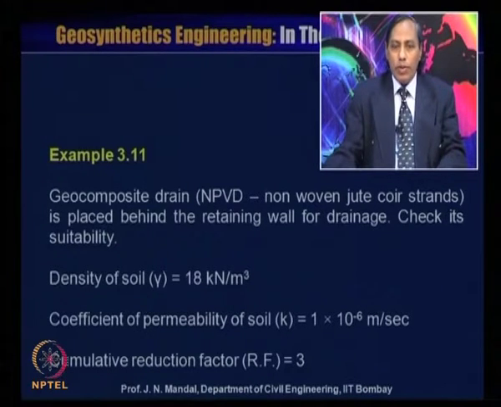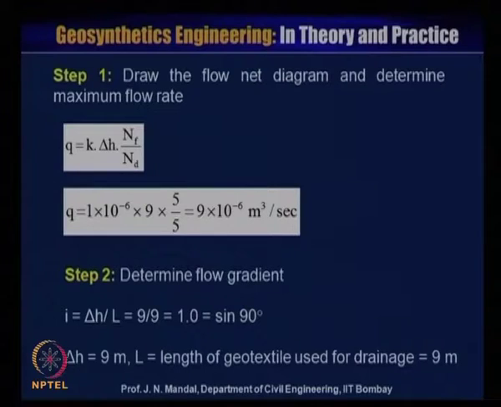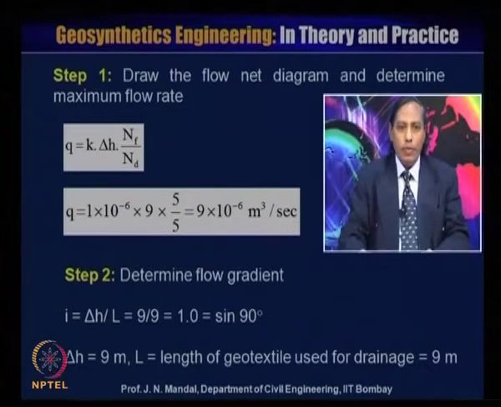Now, the density of the soil is given as 18 kilonewton per meter cube, the coefficient of permeability of the soil K is equal to 1 into 10 to the power minus 6 meter per second, and the cumulative reduction factor RF is equal to 3.